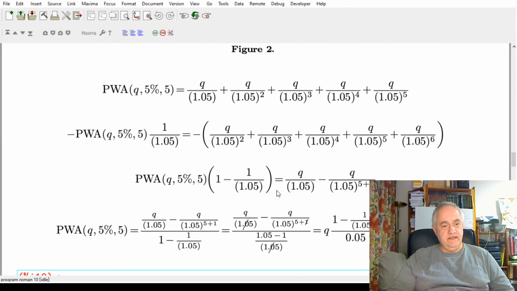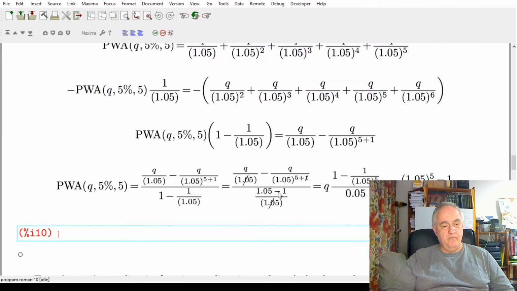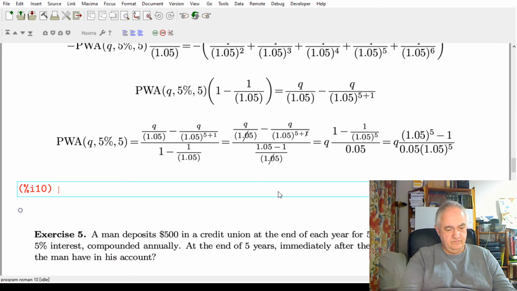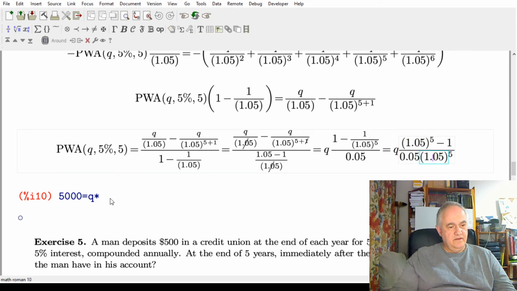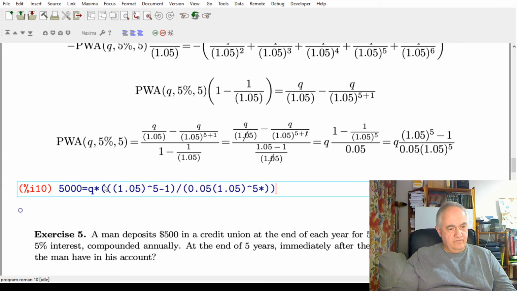We will say yes, that 5,000 will be equal to q times this expression. I will copy it directly and check if, okay, it's okay.